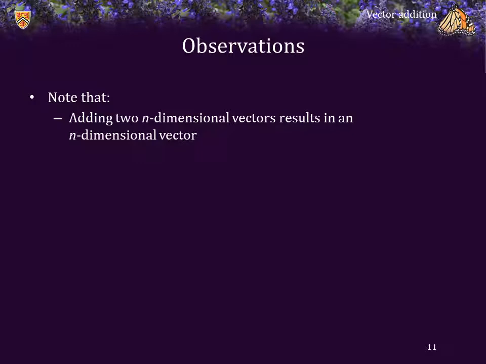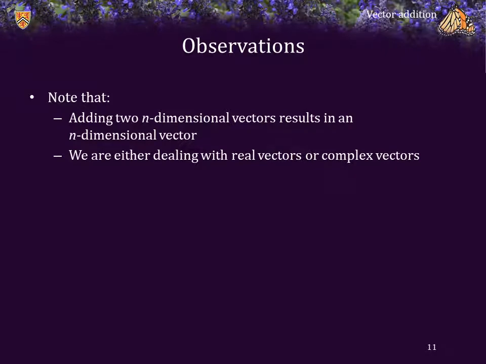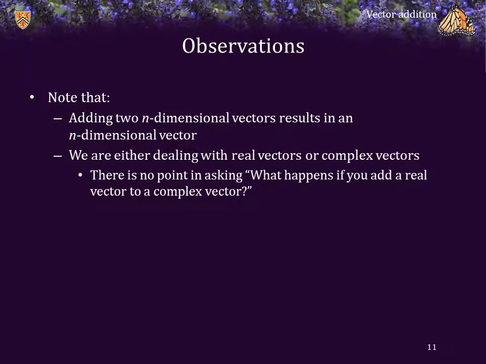Now, note that adding two n-dimensional vectors results in an n-dimensional vector. We are always going to be dealing exclusively with either real vectors or exclusively with complex vectors. There's no point in asking what happens if you add a real vector onto a complex vector.